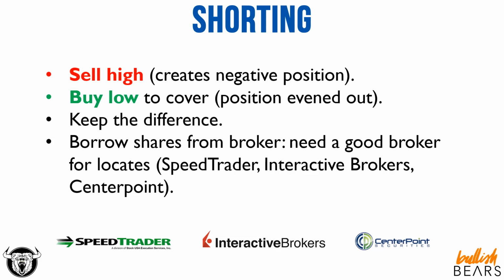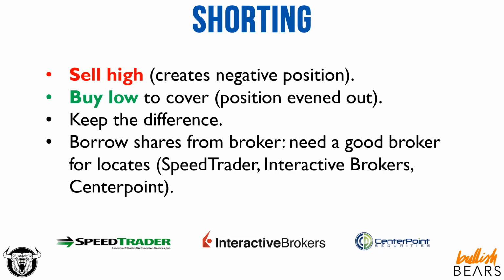When you hit the sell button and you sell 1,000 shares, your brokerage account will show negative 1,000 shares, or however many shares you sell. When you buy it back, when price falls, you're covering your position, and then your position's evened out. It's just the complete opposite of going long.